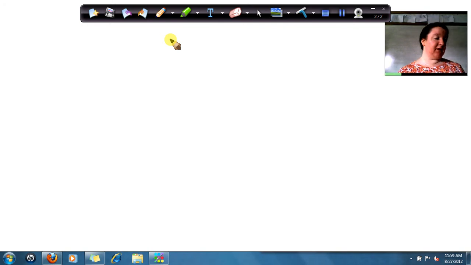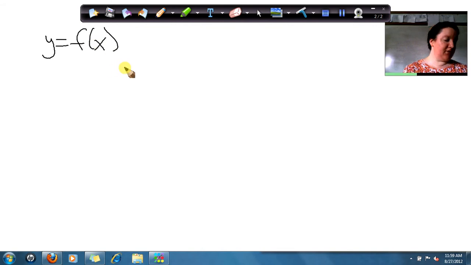And here we're looking at the idea of what a function is. Remember we talked about this last week. We have y equals f of x. And if we want to know where the zero of this function is, we're going to find the zero.